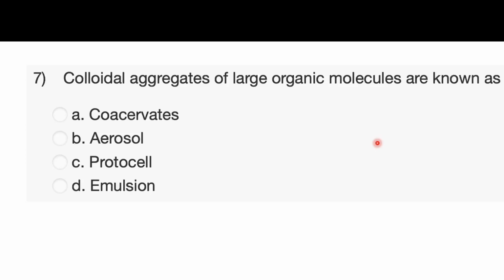C. Protocell. Or D. Emulsion. A little bit of chemistry. I'm kind of hinting to the lecture in which this was covered. Colloidal aggregates of large organic molecules are known as coacervates, or aerosol, or protocell, or an emulsion.